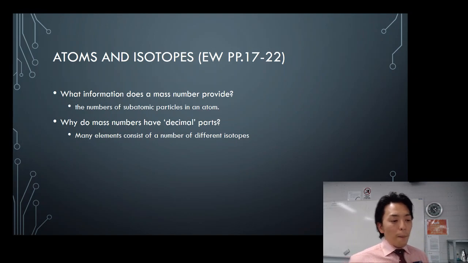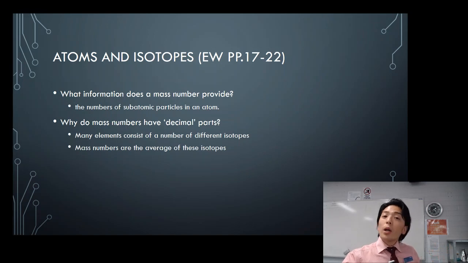Many elements consist of a number of different isotopes. For example, a hydrogen atom can be called deuterium if there was an extra neutron. Carbon can be carbon 12, carbon 13, carbon 14, and that's used in the carbon dating technique.